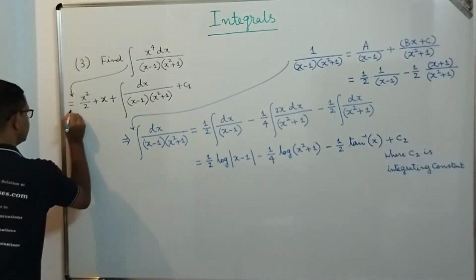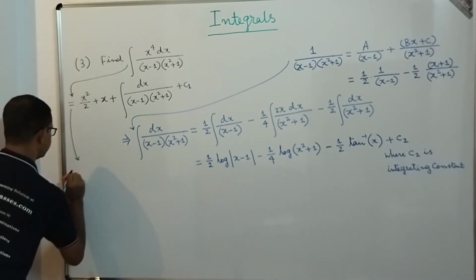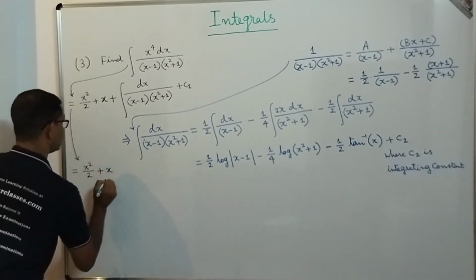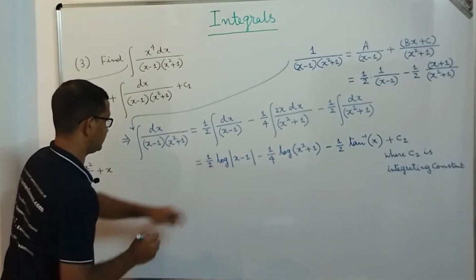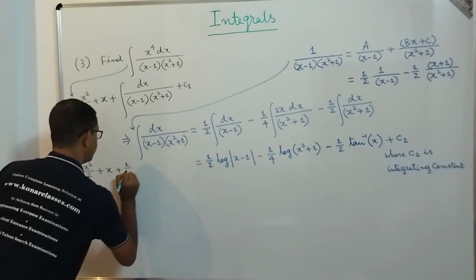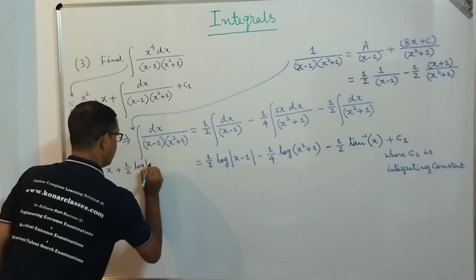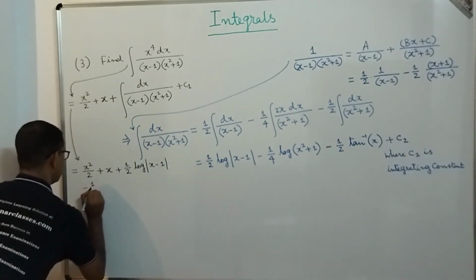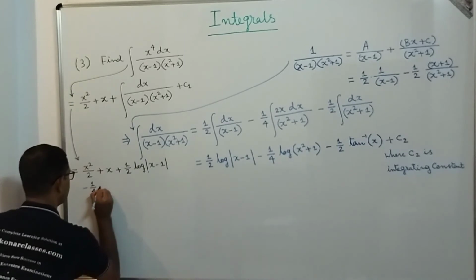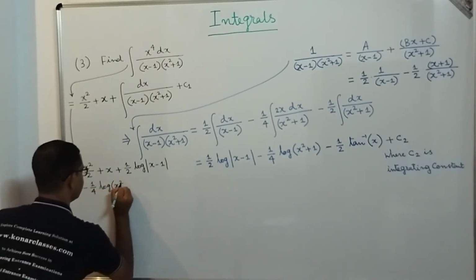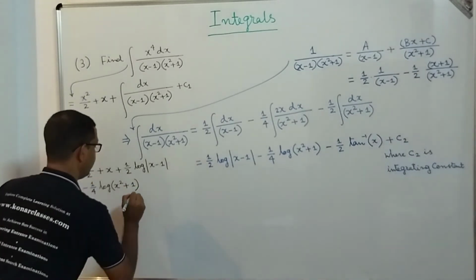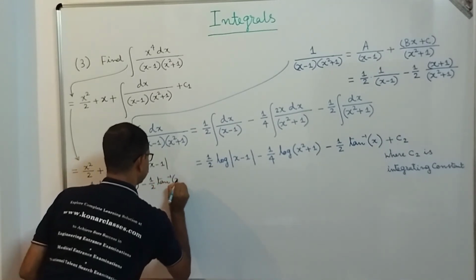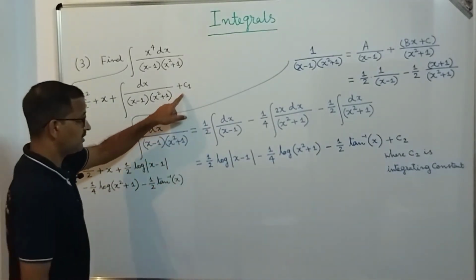So from here we get the value of the given integration is equal to x square by 2 plus x plus this integration, that is plus 1 by 2 into log mod x minus 1 minus 1 by 4 into log x square plus 1, okay, minus 1 by 2 into tan inverse of x, okay, plus c1 plus c2.